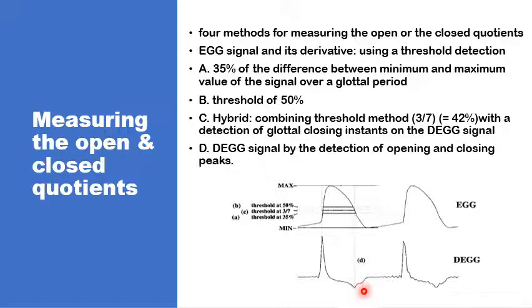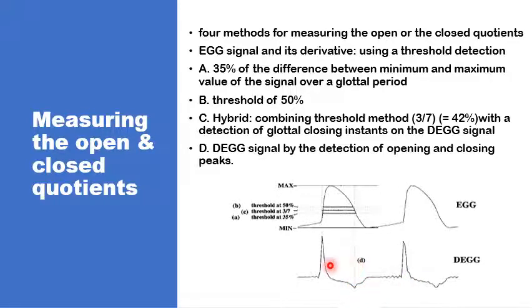If that's the case and you have the positive peak and the negative dip, then you could mark the start and the end of the closed phase and the start and the end of the open phase of the vibratory cycle. But that's not always the case, particularly in some cases of dysphonia, when it is difficult to identify this dip.